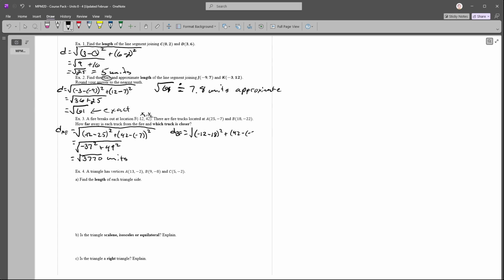Subtract from that negative 22. And that whole thing is squared. Okay. Negative 12 minus 18 gives us negative 30 squared. And over here we have 42 minus negative 22, so 42 plus 22, that's going to give us 64 squared.